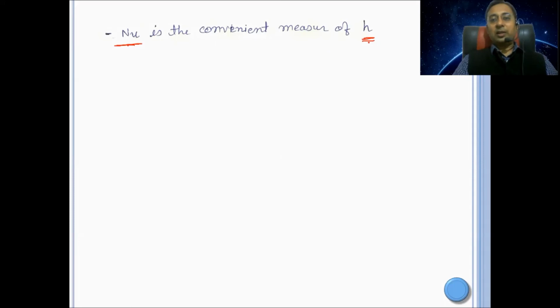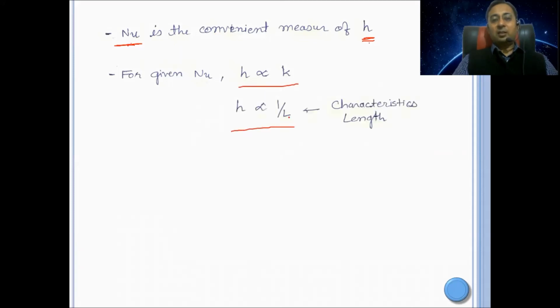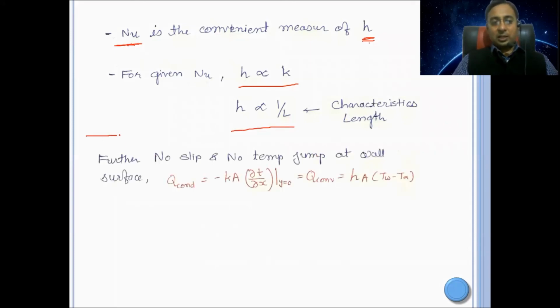You need to calculate H, and for H, you need to calculate Nu. Right? We know that Nu is equal to HL by K. So H is proportional to K and H is proportional to 1 upon L. Remember, L is a characteristic length. Now in GTU exam, you need to write up to this only, right?